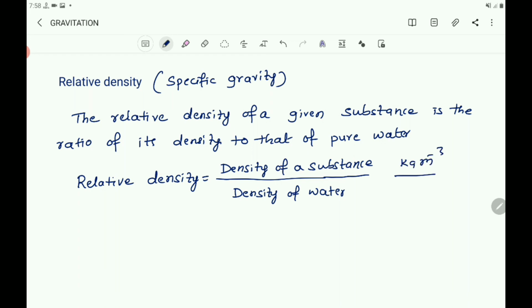The unit of the density of water is also the same, kg m power minus 3. So both of them cancel. Therefore this relative density is not having any unit. Relative density is a ratio of similar quantity, so it is not having any unit. Relative density has no unit because it is the ratio of the same units which get cancelled.